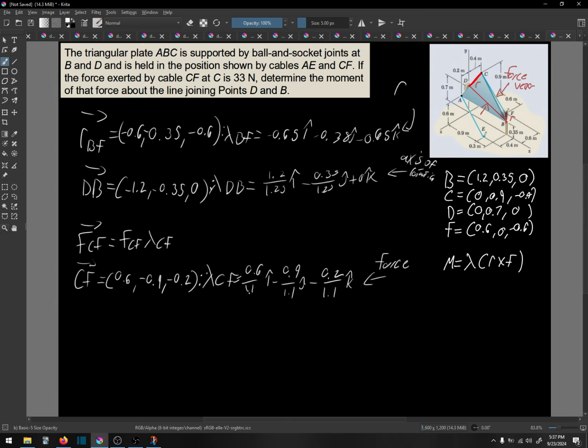So FCF is going to be 33 times 0.6 over 1.1, minus 0.9 over 1.1, minus 0.2 over 1.1, which gives us a force of 18 I hat minus 27 J hat minus 6 K hat. Good, perfect.